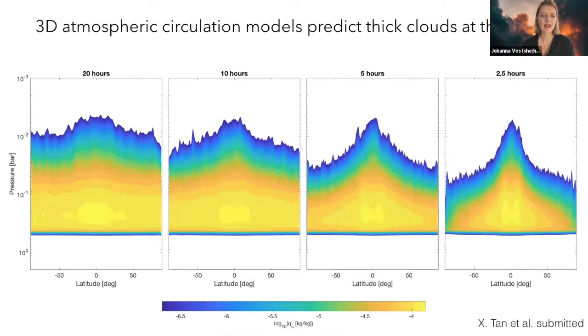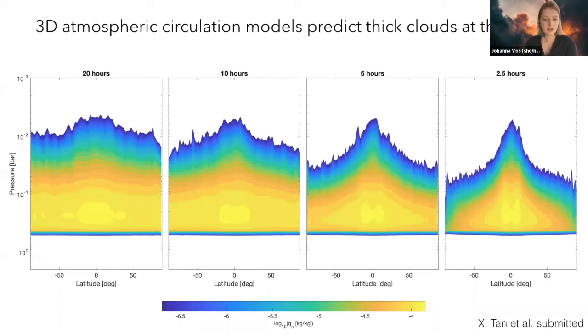And in fact, this has been found using 3D atmospheric models of brown dwarf and exoplanet atmospheres by Jianyu Tan and his collaborators. So here I'm showing you the cloud profile from their simulations, which shows you the local cloud thickness at each latitude from -90 to +90, for 4 different rotation rates from 20 hours to 2.5.